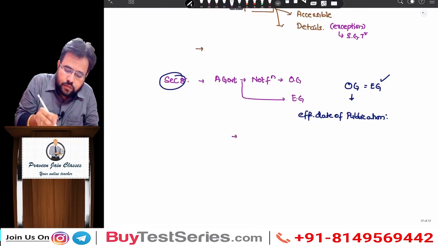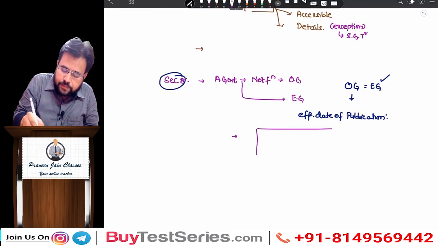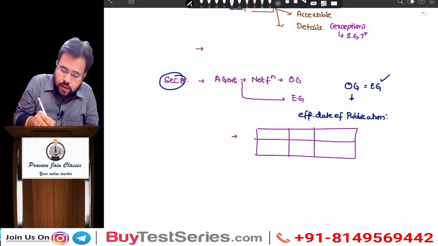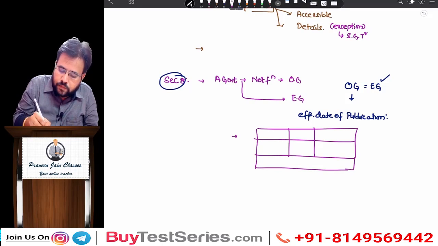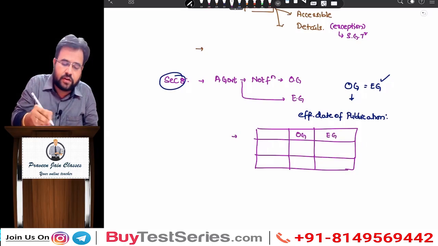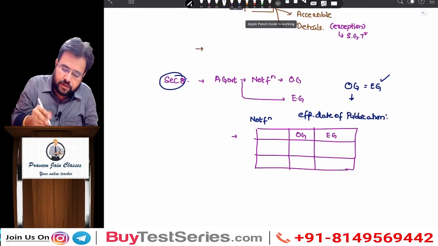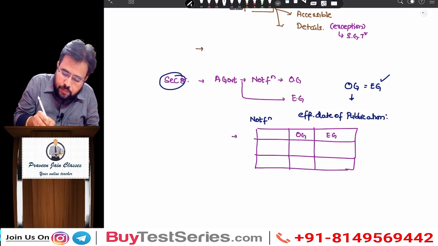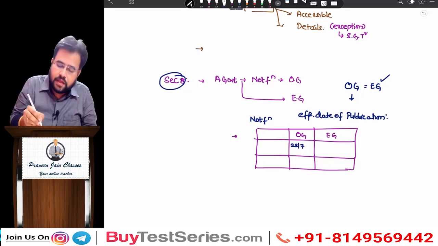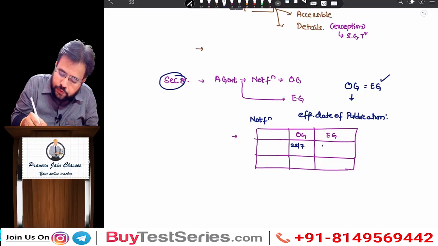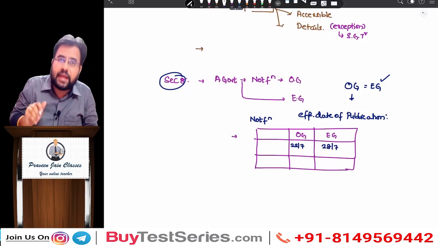Now, say for example, sir, this is your official gazette, this is your electronic gazette, sir. Imagine a particular notification came on 22/7 in the official gazette and 28/7 in the electronic gazette.